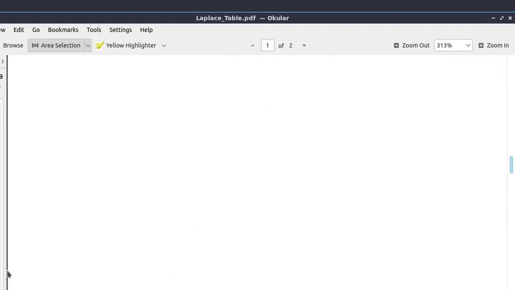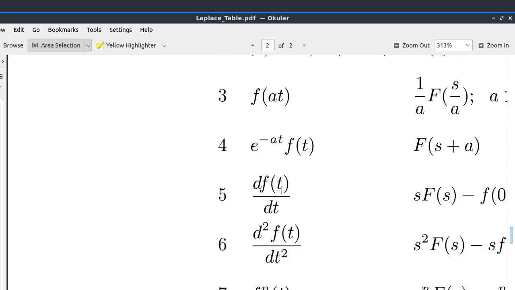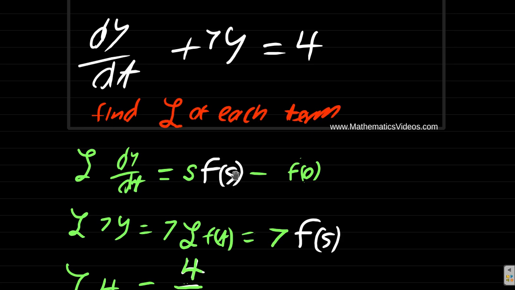Where is it? Right, df of t by dt, same as dy by dt, is s big F of s minus f of 0.